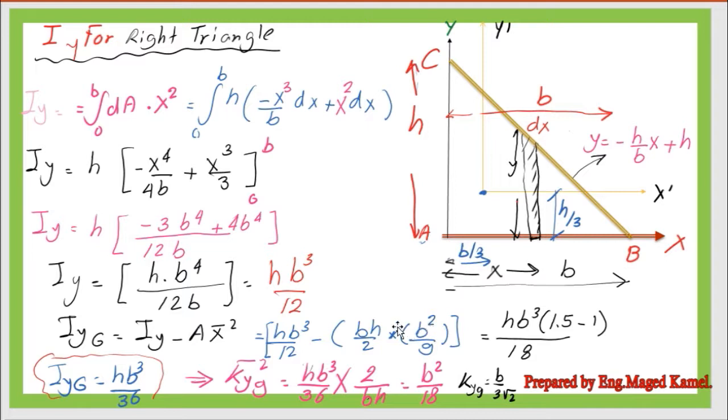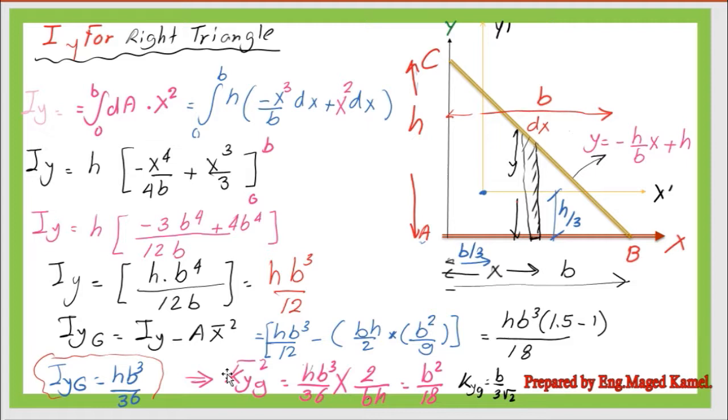So b squared over 9 multiplied by bh over 2 will be subtracted, with a minus sign, from hb cubed over 12. At the end, we get an expression of hb cubed over 18 multiplied by 1.5 minus 1, which will be hb cubed over 36.